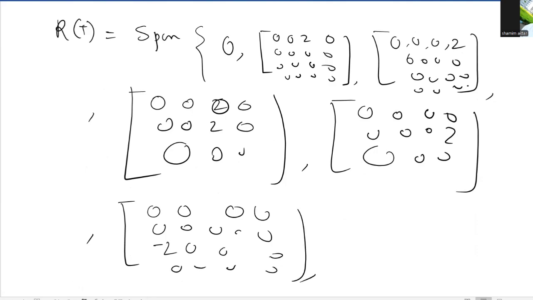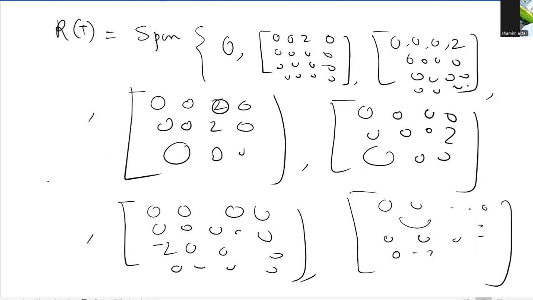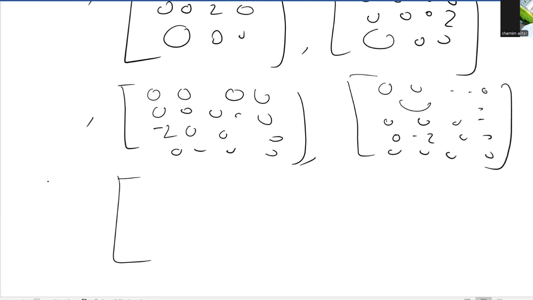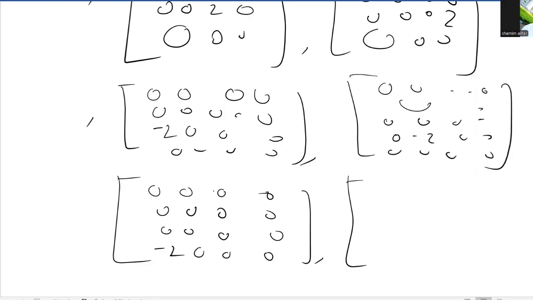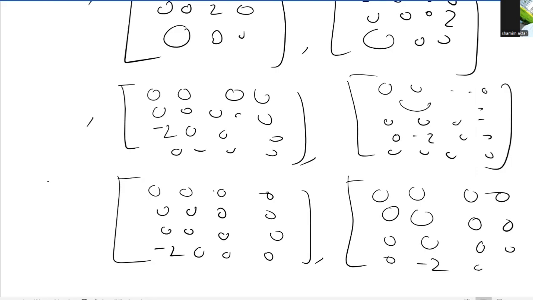Okay, and also similarly 0 0, all zeros, and this place 0 0, and here also 0 0 0, and here 0 -2 0 0 0 0 0 0, this set, and also all zeros, and here -2 0 0 0, and here 0 0 0 0, and here 0, here -2 and 0 0 0.